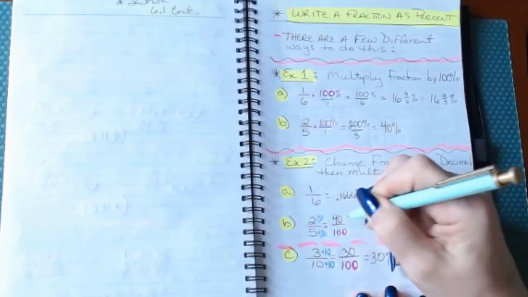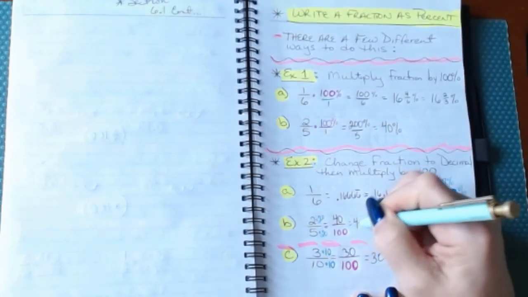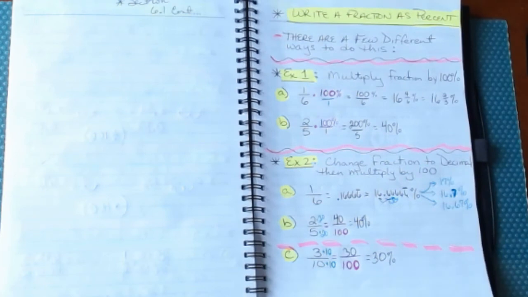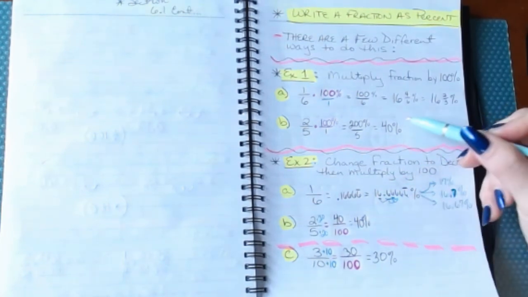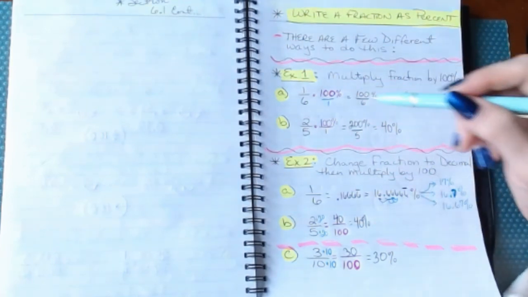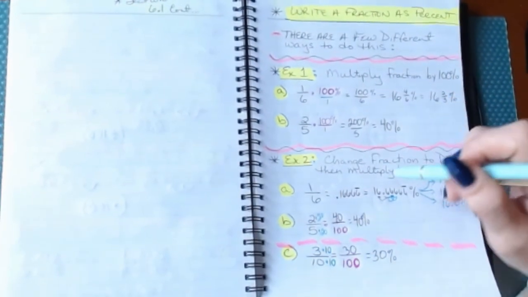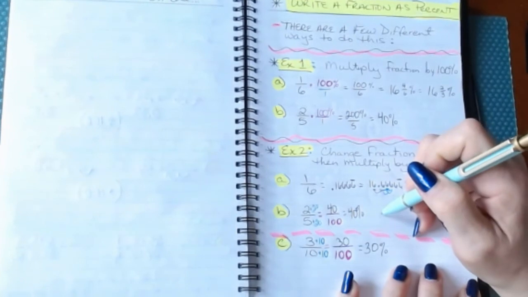And any number out of 100 is a percent. So 40% now. Good thing we got the same answer as when we went the other direction. No matter what, we should always get the same answer for the same problem, no matter which route you took, okay?